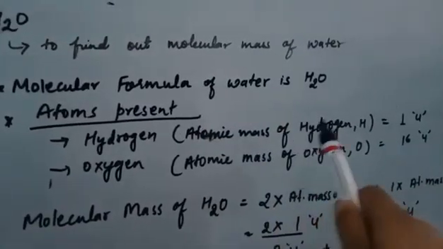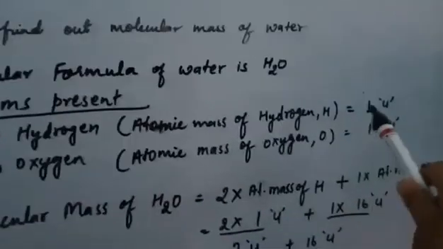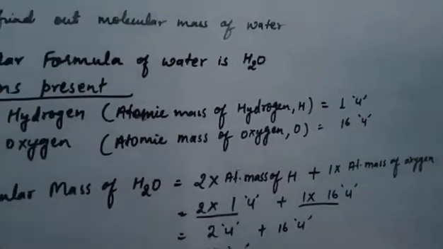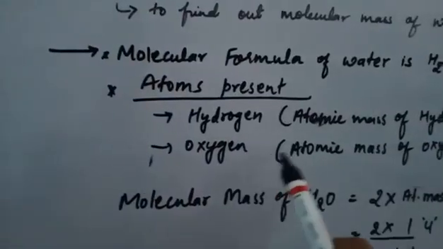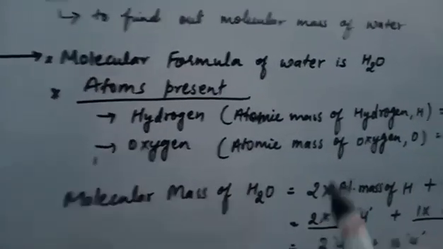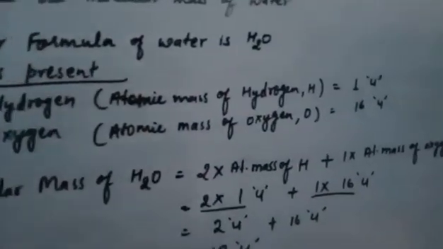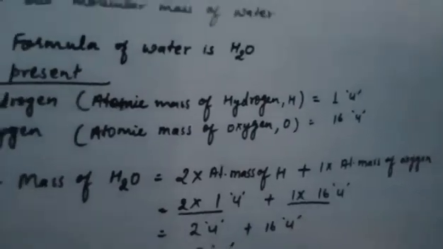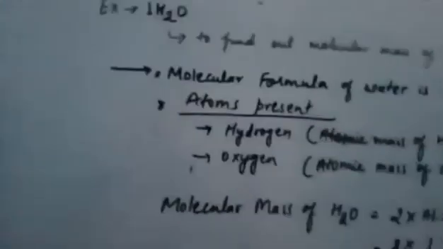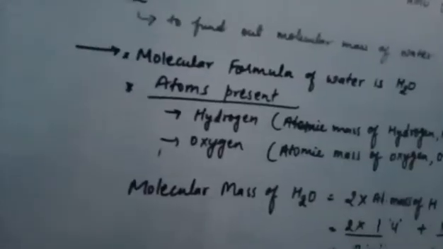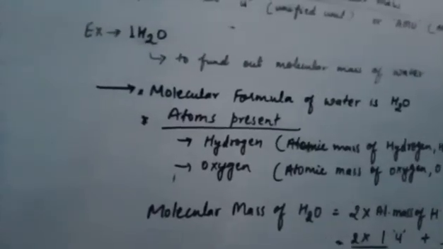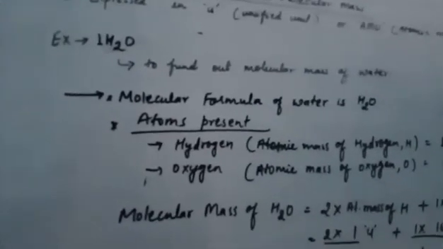So we will quickly write the atomic mass of hydrogen. It is 1 U or 1 AMU. And we will also find the atomic mass of oxygen, which is 16 U or 16 AMU. Why should we write the atomic mass of the atoms present in that molecule?